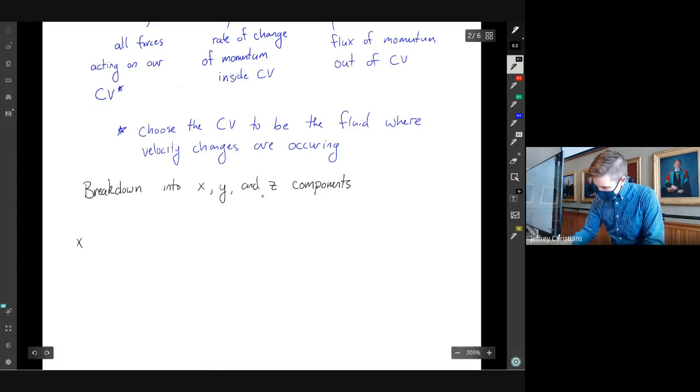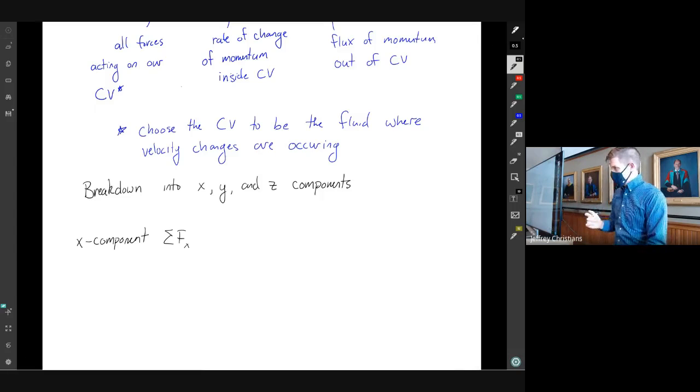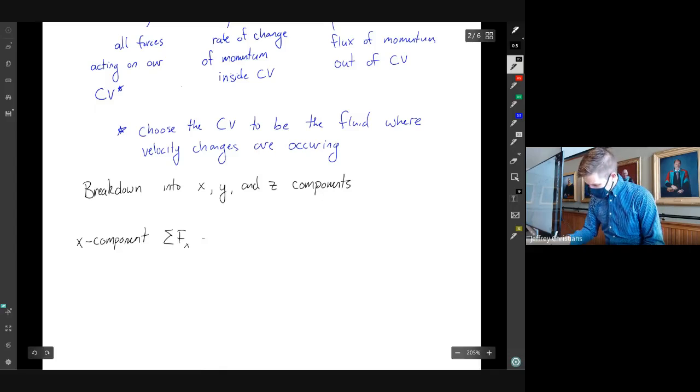So the x component would be the sum of all the forces acting in the x direction, plus S_bx plus R_x.